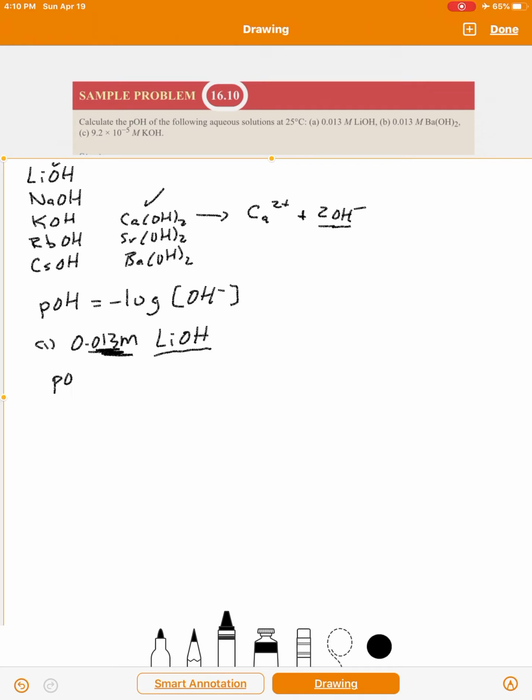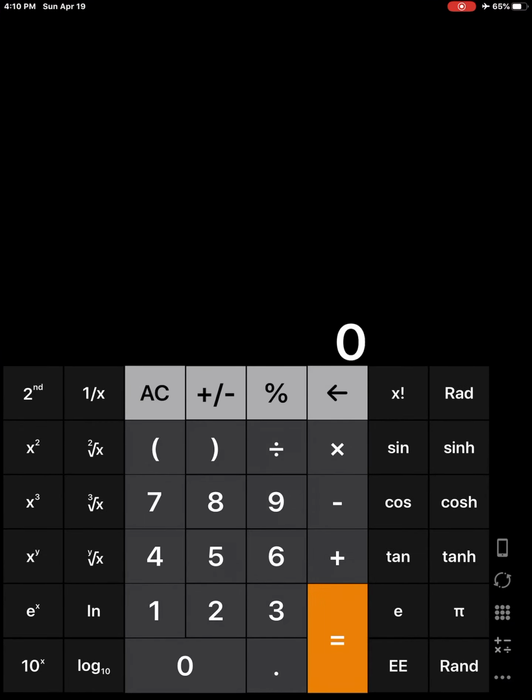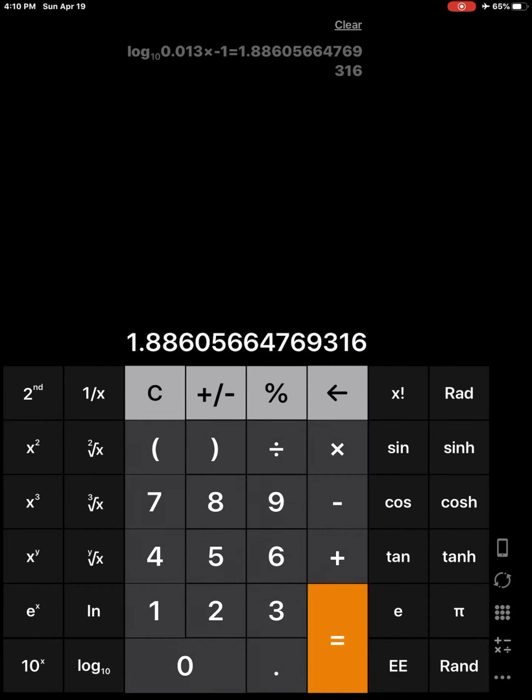So for this one, the pOH would be the negative log of 0.013. Again, pOH is a unitless quantity, but it's defined based on molarity concentrations. Okay? So 0.013, we want to calculate the pOH. So we take the log of that, and then we want to take the negative log, so times negative 1. 1.89.